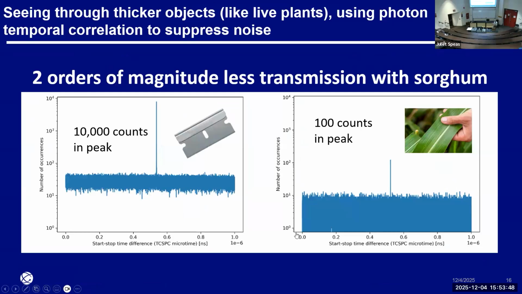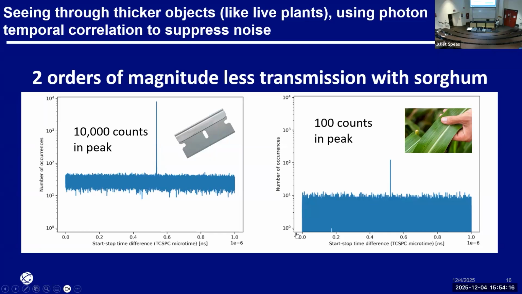And we were interested in looking at plants. Plant leaves and blades of grass, especially on new plants, aren't that thick, but they're hundreds of microns thick. They're also not transparent. When we look at a binary test target, where you get 100% transmission here and 0 here, we're getting tens of thousands of counts for a given integration period in our correlation peak between our two detectors.